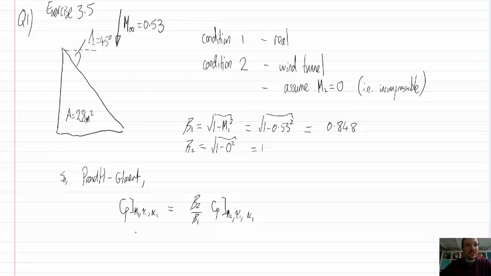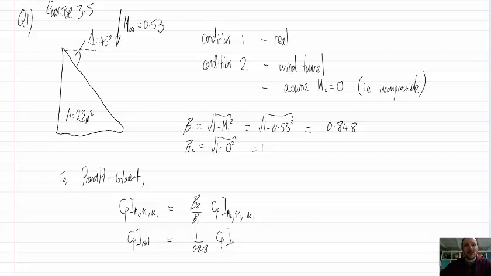And what this is telling us, because remember, condition 1, Mach number 1 is the real case, so what I'm going to say is this is the CP for the real aircraft is going to be equal to beta 2, which is 1 over 0.848, times the CP at Mach 2, which is the wind tunnel case.